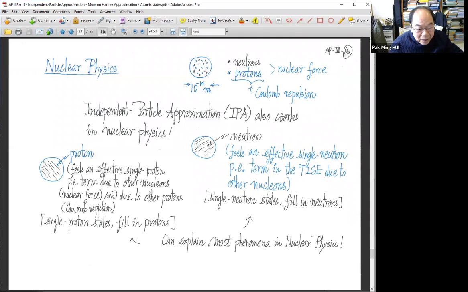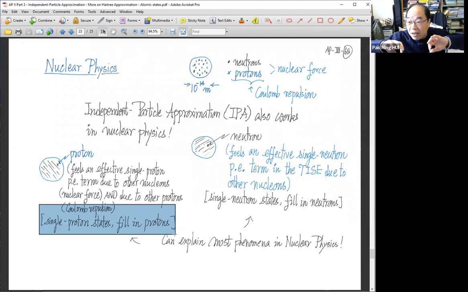Thereby, the V effective in the Schrödinger equation for the proton will be different from neutron. Nonetheless, it's a single proton problem. You fill protons in, then you have the neutron and proton, how to fill it up, okay?